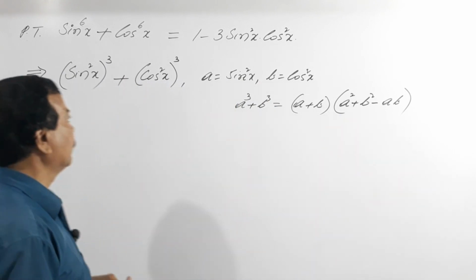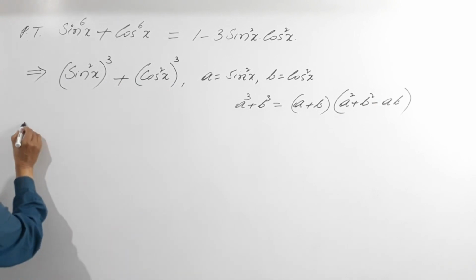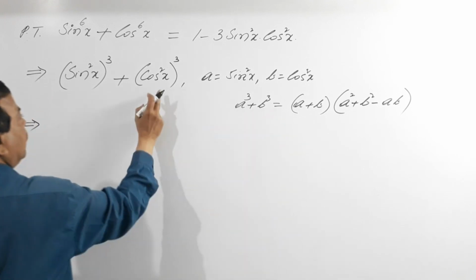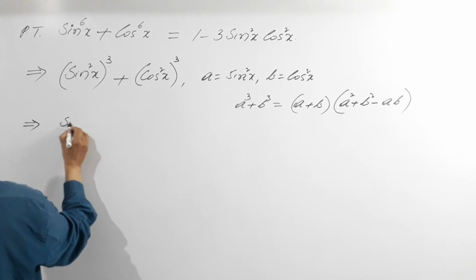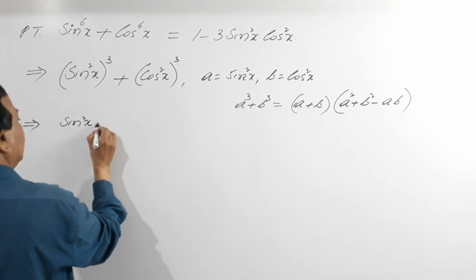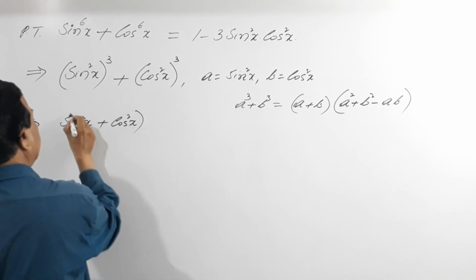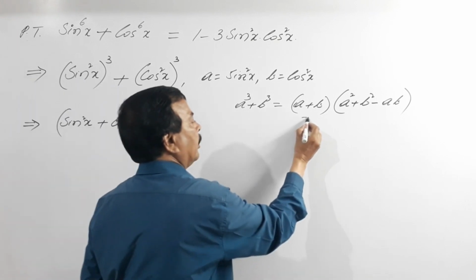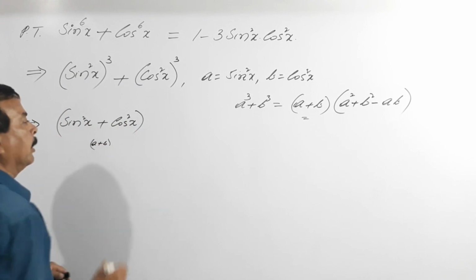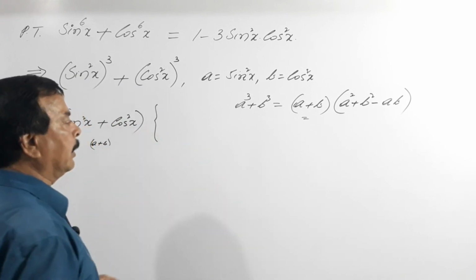So ये शुरू करेंगे. This a is what? Sin square x. Sin square x plus cos square x, that is our a plus b. Okay, into, I'll use a floor bracket.